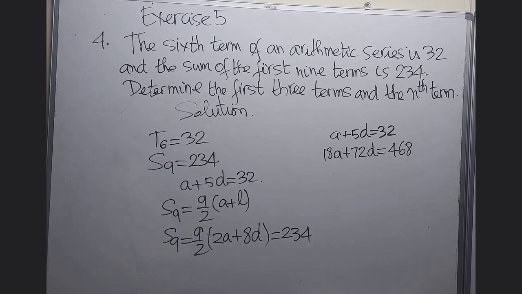This is what I'm going to find now. 468 divided by 18, let me get 26. 468 divided by 72, then I get, yeah, let's check, 18. So let me make it simple by doing this.